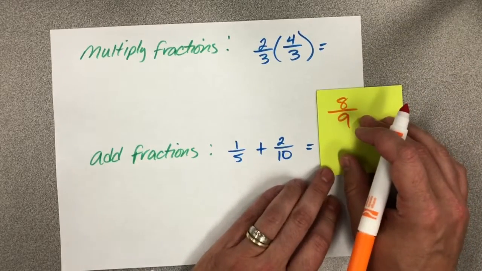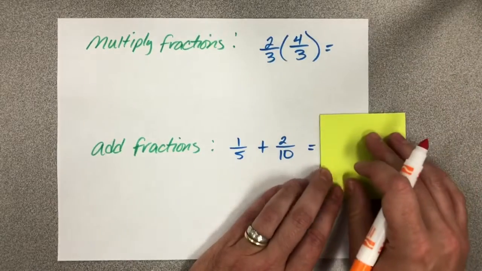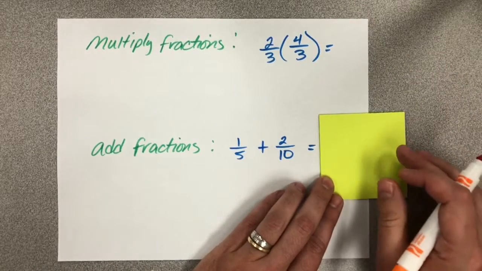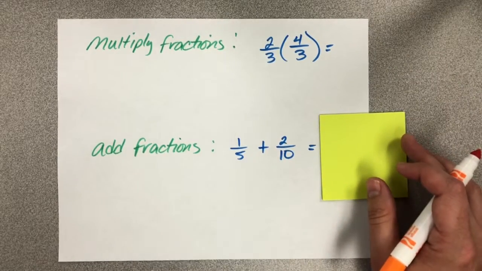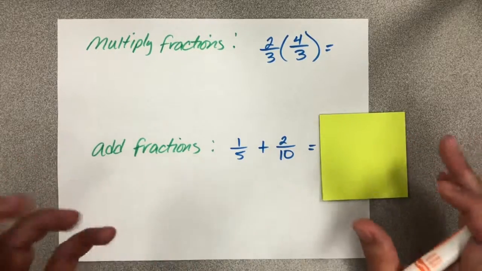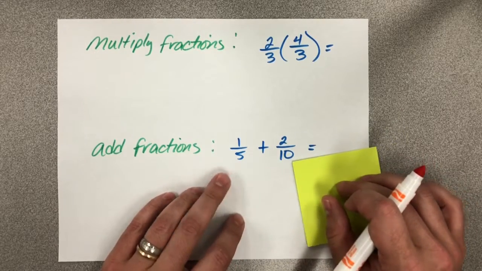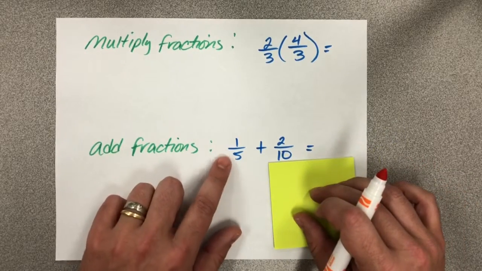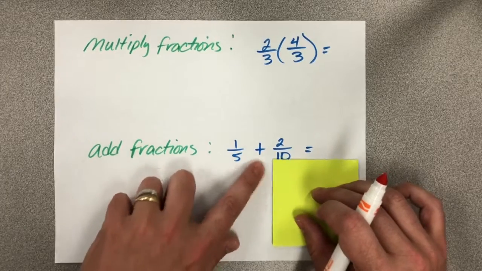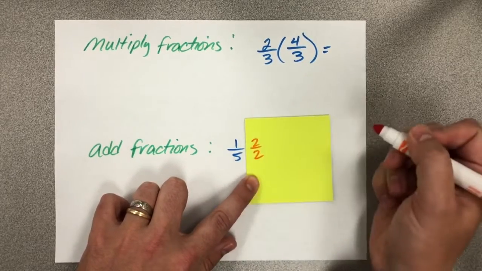It becomes a little more challenging when you're asked to add or subtract fractions. You may remember you have to find a common denominator, which means we need to convert this fraction into something to where they both have the same denominator. So if I'm looking at 1/5 plus 2/10, it pops in my head pretty quickly that I can convert 1/5 into something over 10 simply by multiplying it by 2 over 2.